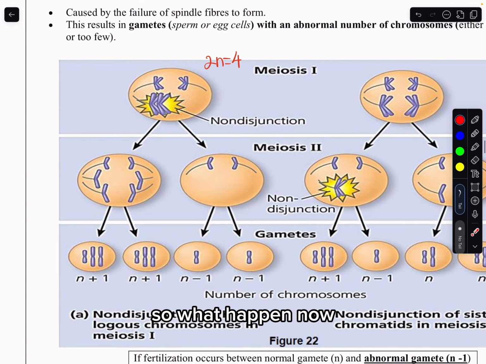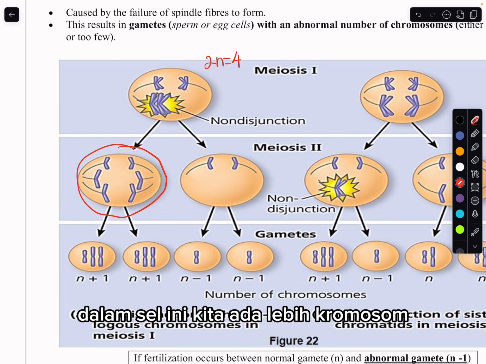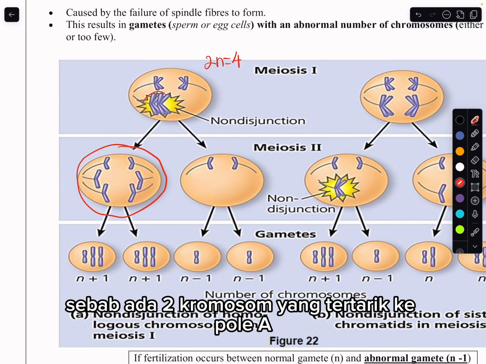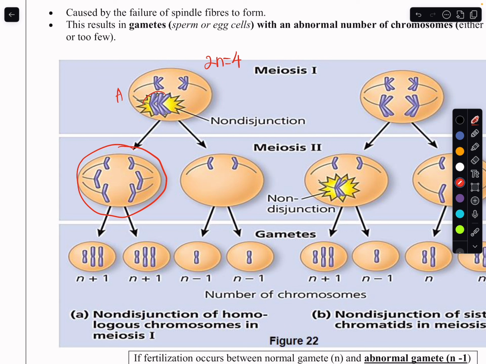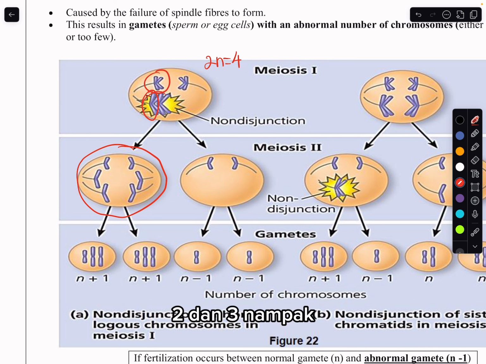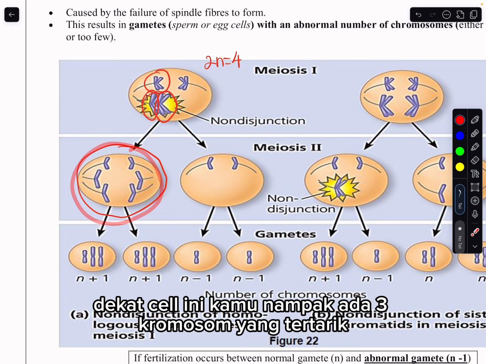So what happen now? Dalam sel ini kita ada lebih kromosom, sebab ada dua kromosom yang tertarik ke pole A. Jadi what happen? Kita ada lebih kromosom. Kita ada 1, 2 dan 3. Nampak?